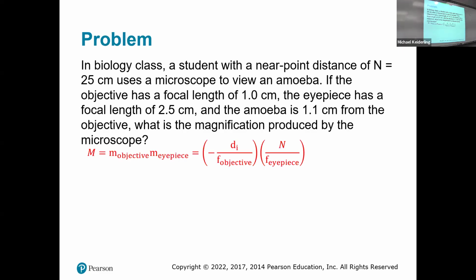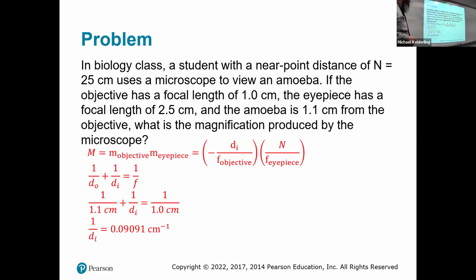The magnification is the magnification of the objective times the magnification of the eyepiece: di over the focal length of the objective, and n over the focal length of the eyepiece. So 1 over di plus 1 over do equals 1 over the focal length. So 1.1 centimeters and 1 centimeter to find di.